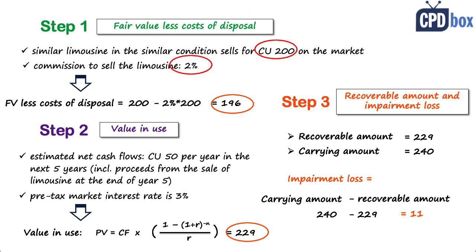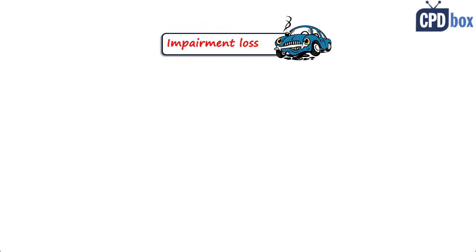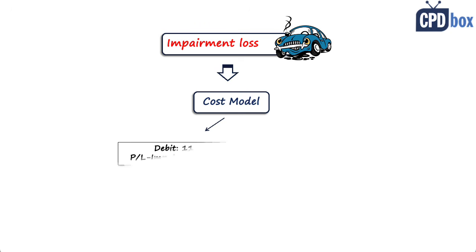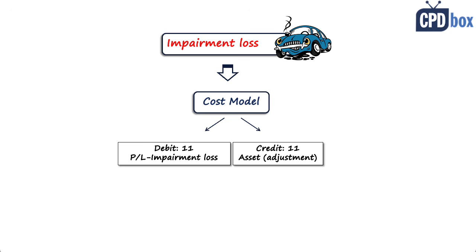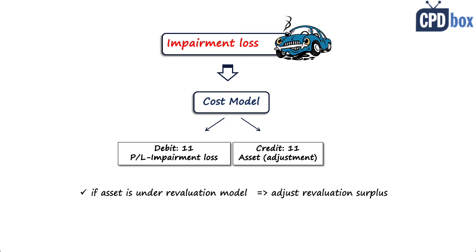Now let me show you how to reflect this loss in the financial statements. If you apply the cost model to the asset, then the entry is debiting the profit or loss expenses for impairment of assets, which is 11, and crediting the assets in the balance sheet, probably some adjustment account, with 11. Now, if the asset is under the revaluation model, you would adjust the revaluation surplus in equity first.